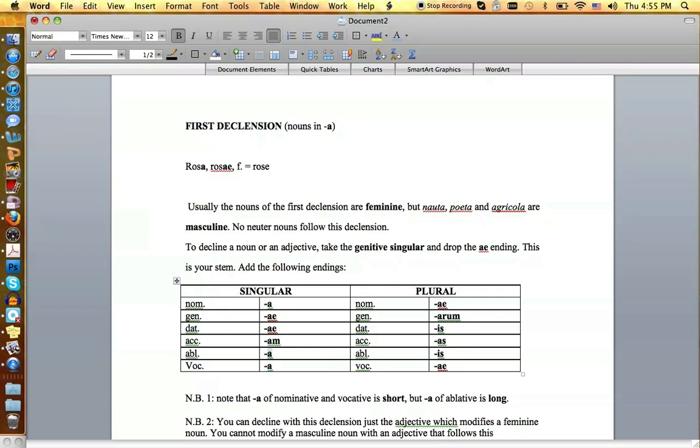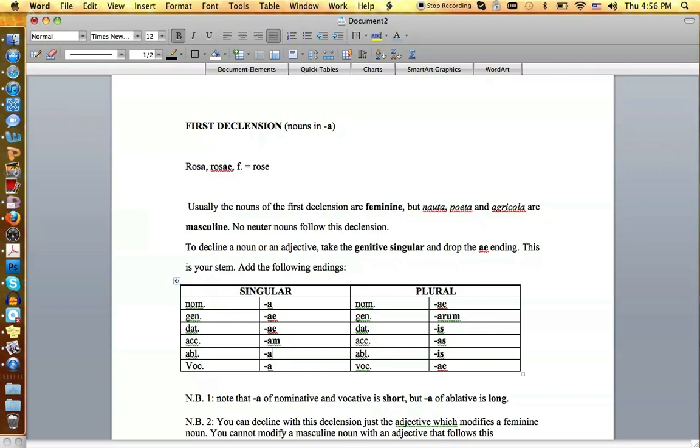The difference between the a of the nominative and vocative and the a of the ablative is that the a of the ablative is long, meaning that you should stay on it twice as much when you pronounce it.